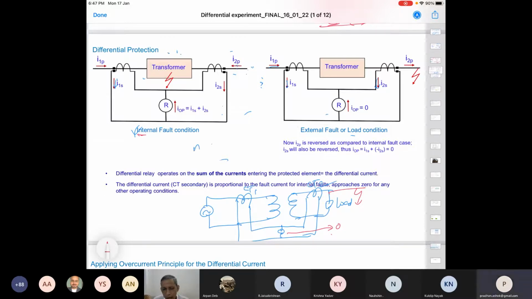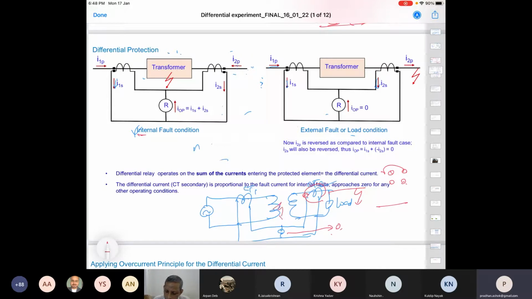So for the polarity, if this is not showing 0, I interchange the terminals of the corresponding CT in the primary side. The primary side has 2 terminals, and the secondary terminals are connected to the relay as it is. So once I interchange this, my polarity changes, and at normal time this will be 0.